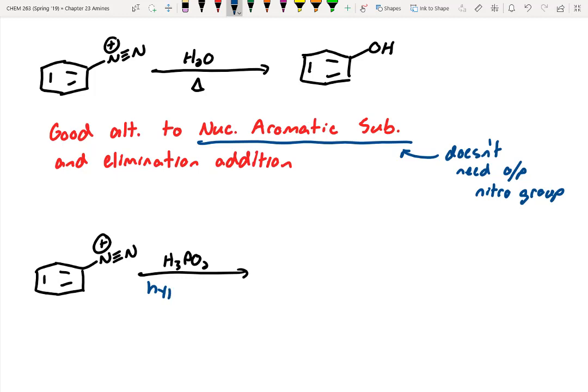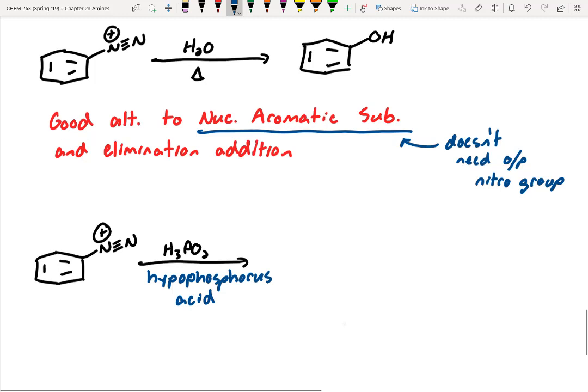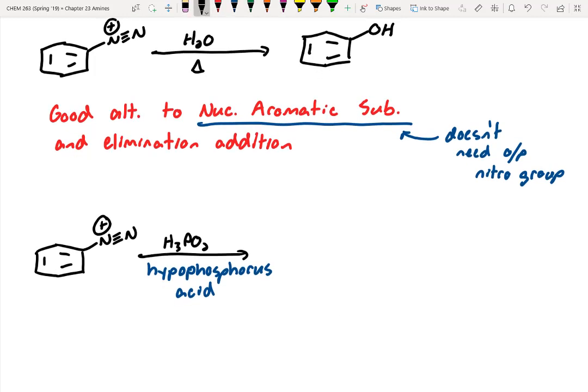So this is hypophosphorous acid. Ugh, that's a mouthful. So it's not phosphoric acid. That's the number one mistake I see students make. The cool thing with this is we can convert it back to a hydrogen, which is pretty neat. So pretty powerful tool.